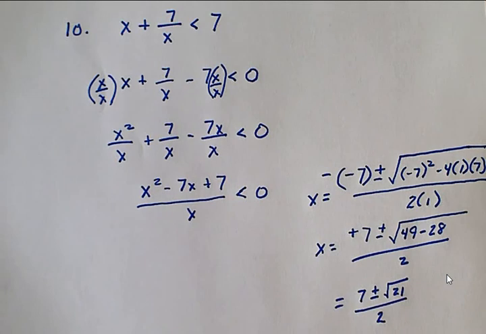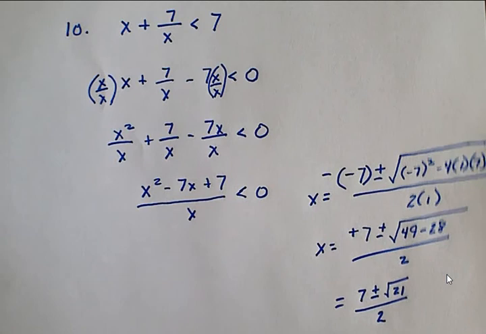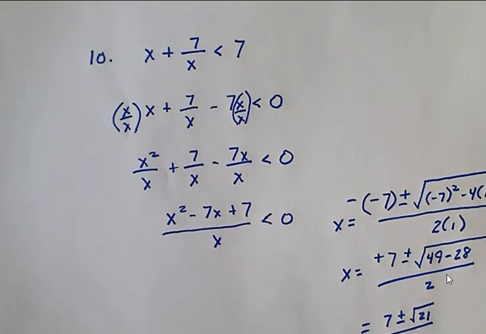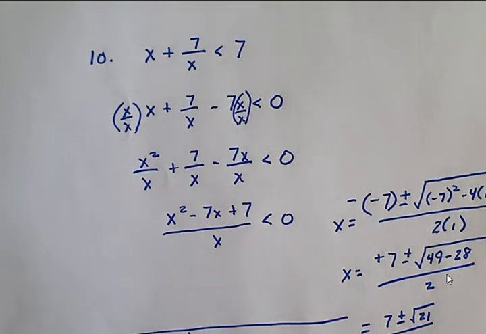So from that, I'm going to create my intervals and set up my table. So negative infinity. Now, to do the plus and minus on my square root, I'm going to use my calculator and get approximations.